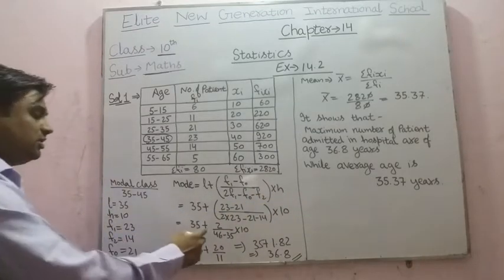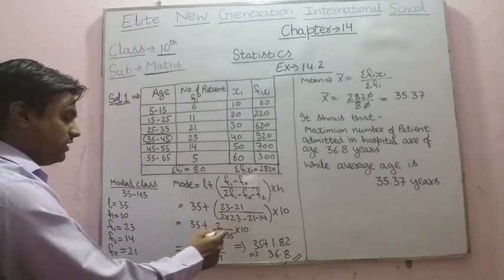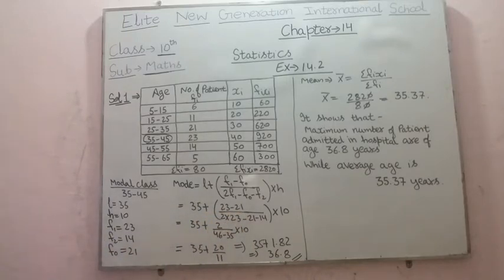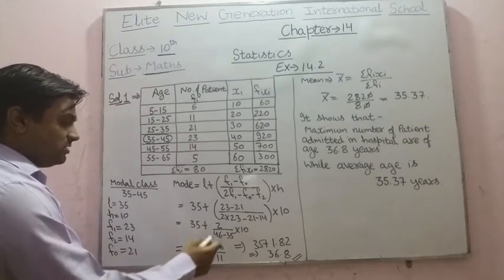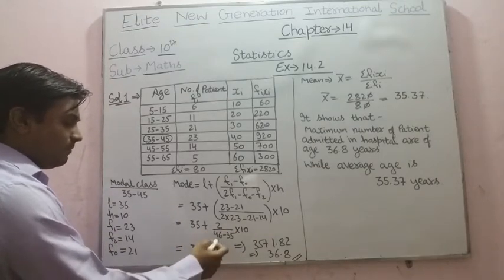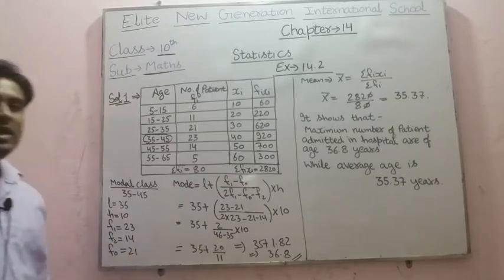Solving it, 35 plus 23 minus 21, which is 2, upon 46 minus 35, into 10. So 35 plus 2 into 10, which is 20, upon 46 minus 35, which is 11.